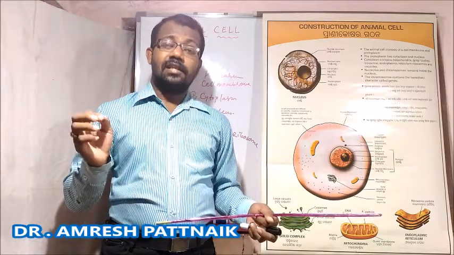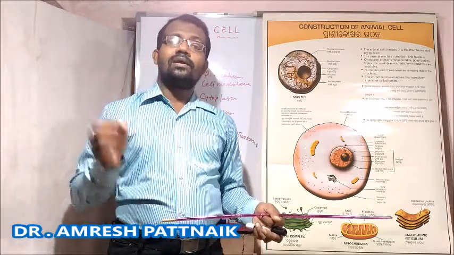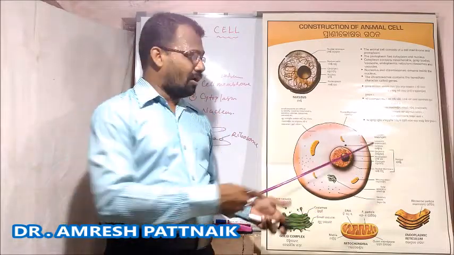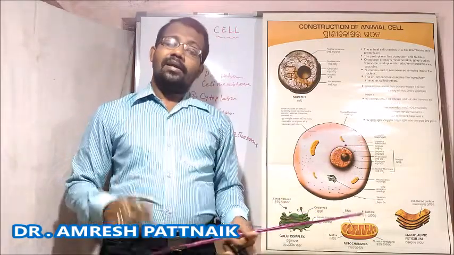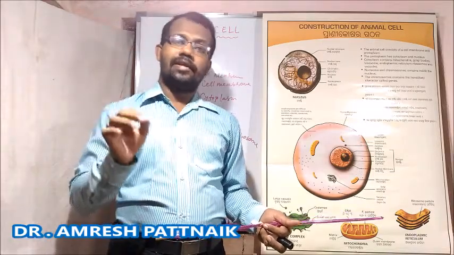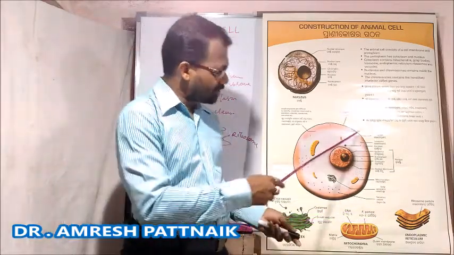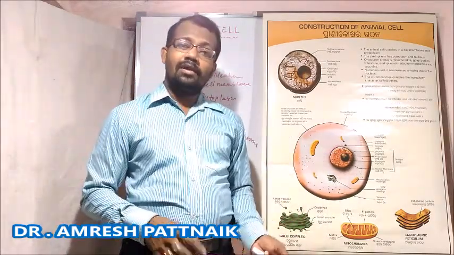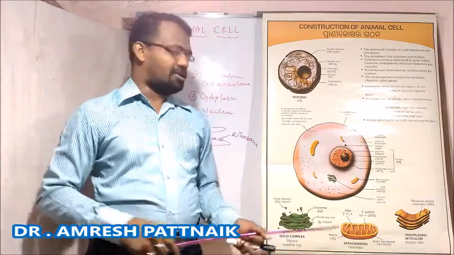It is selectively permeable or semi-permeable because the particles which come from outside to inside are only of size 10 to the power minus 8. So that's why it is known as semi-permeable or selectively permeable.